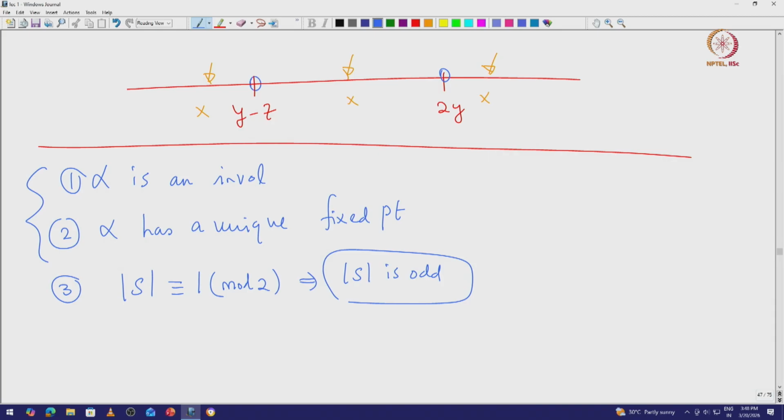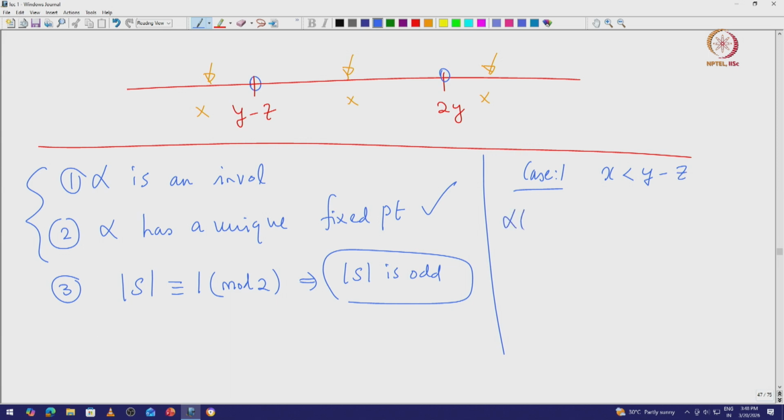Okay. So, let us first check this second one, that it has indeed only one fixed point. Let us look at case 1 where x is less than y minus z.